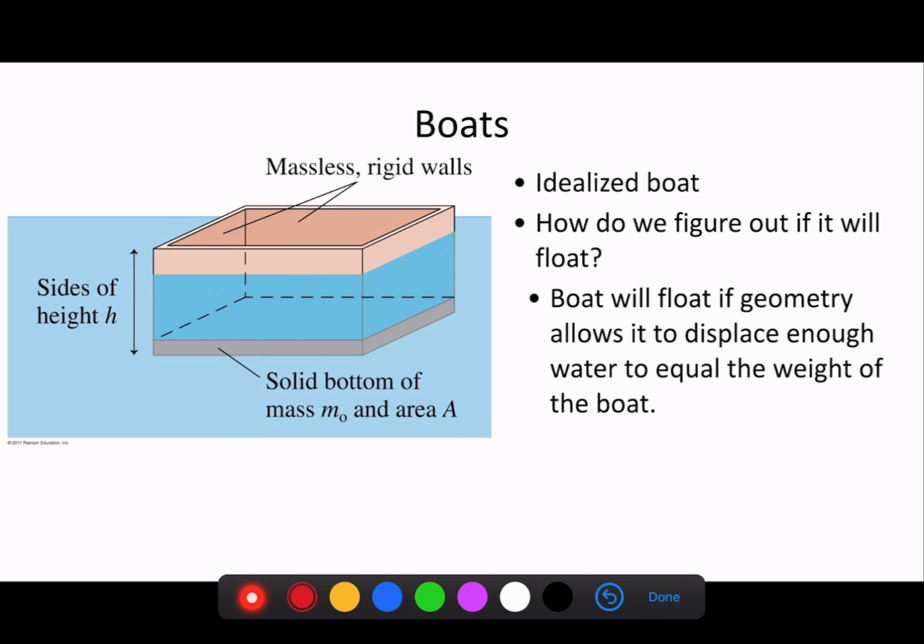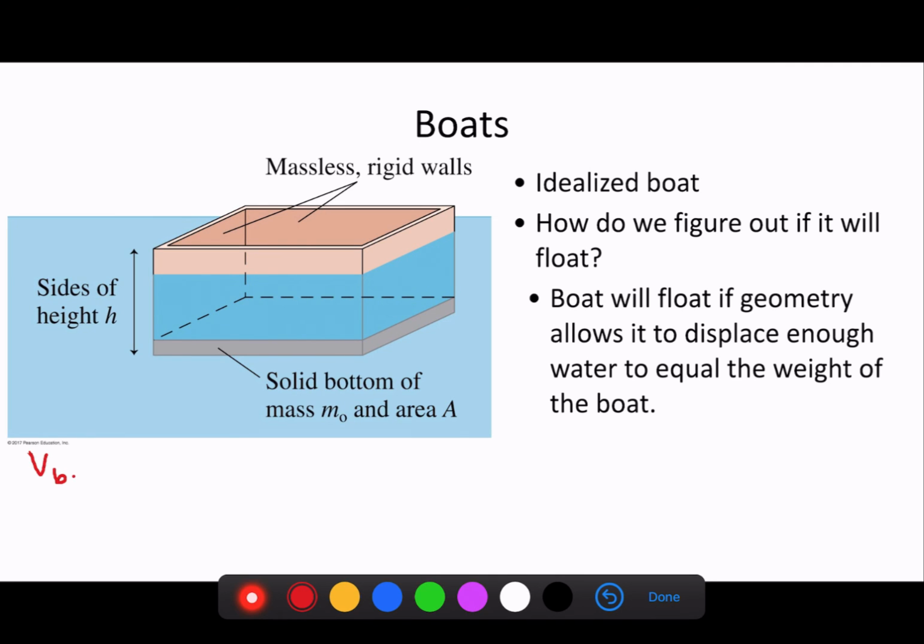So if we want to know how or whether or not the boat will float, we have to go through and look at the geometry of the boat to see if it allows the boat to displace enough water to equal the weight of the boat itself. Again, if we want things to float, then the average density of the object needs to be less than that of the fluid.